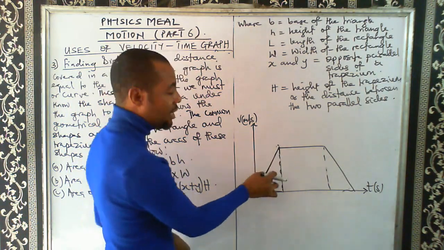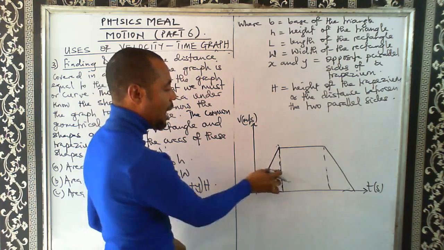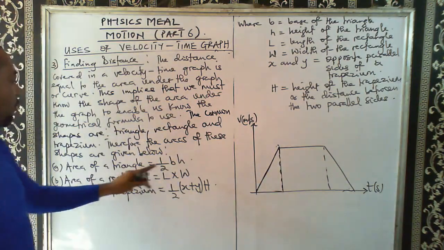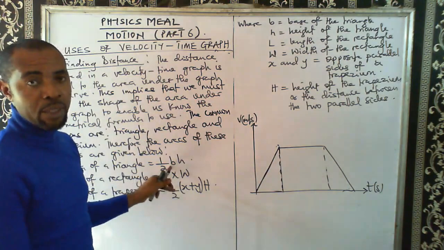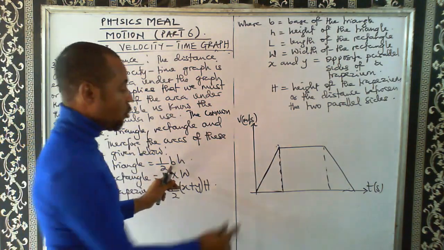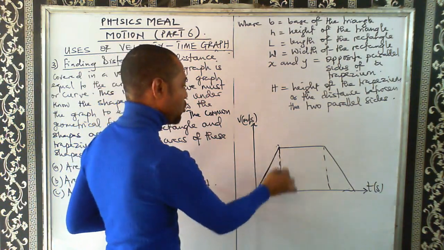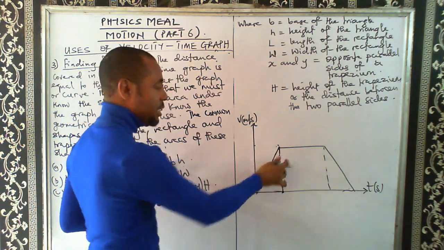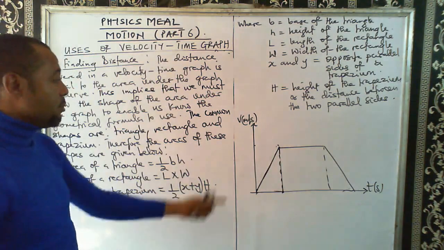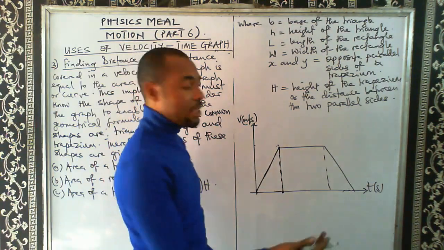So I will be calculating the area of a triangle, where from here to here is the base of the triangle, and from here to here is the height of the triangle.